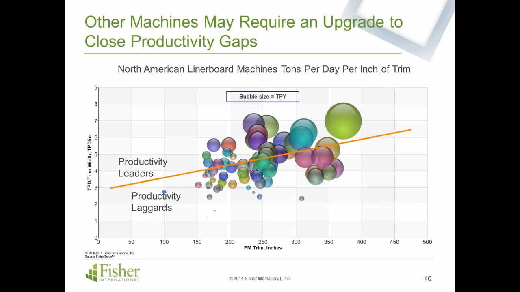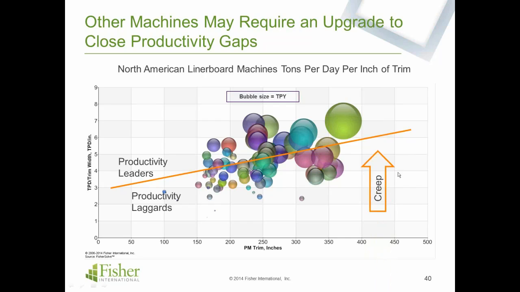So these would certainly be leaders in productivity above the line, and the ones below the line we would say are laggards. Well, once again, it would seem logical that if I own these machines down here, I might be interested in increasing the productivity so that I can become more competitive perhaps.